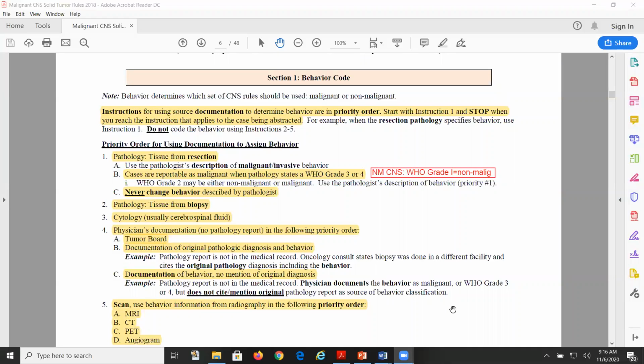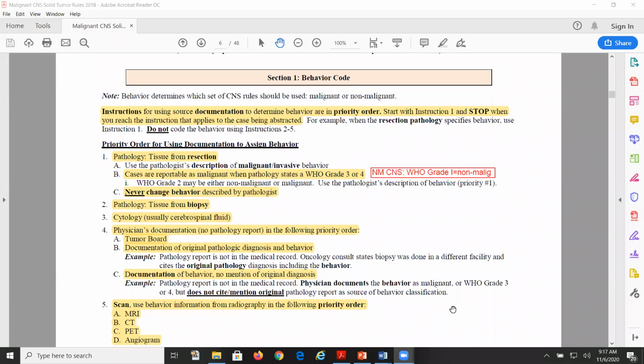Use the pathologist's description of malignant or invasive behavior. And remember that WHO grade 3 or 4 is malignant. Never change behavior described by the pathologist. Second in priority is the pathology from the biopsy. Next is cytology.